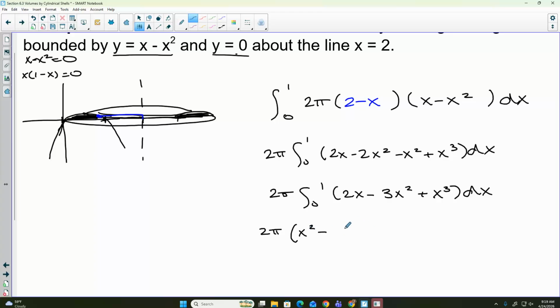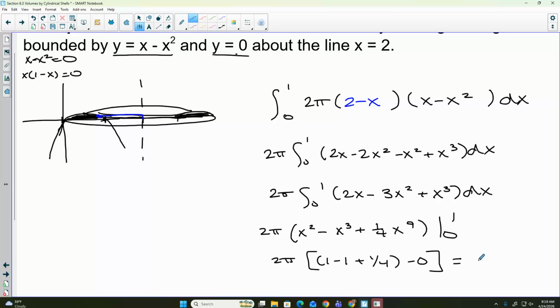Antiderivative of 3x squared, x cubed. Antiderivative of x cubed would be 1/4 x to the 4th. Two pi times 1/4 is pi over 2.